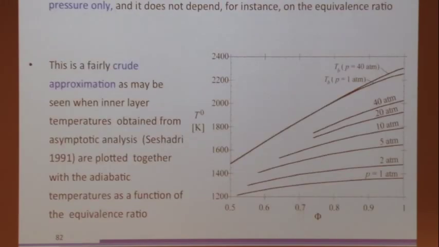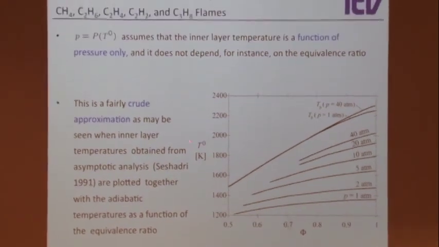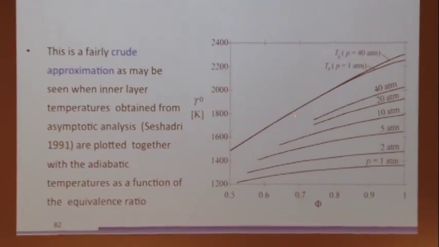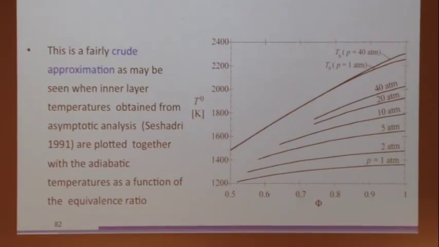First of all, we say T naught is just a function of pressure, but it is also a function of the equivalence ratio, because the fuel consumption also has an effect. Still, we just model this as a function of the pressure. This is an approximation.